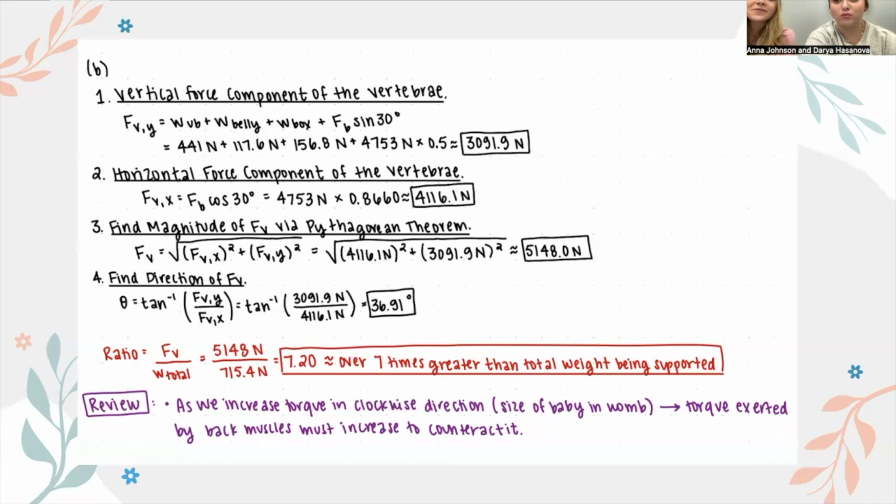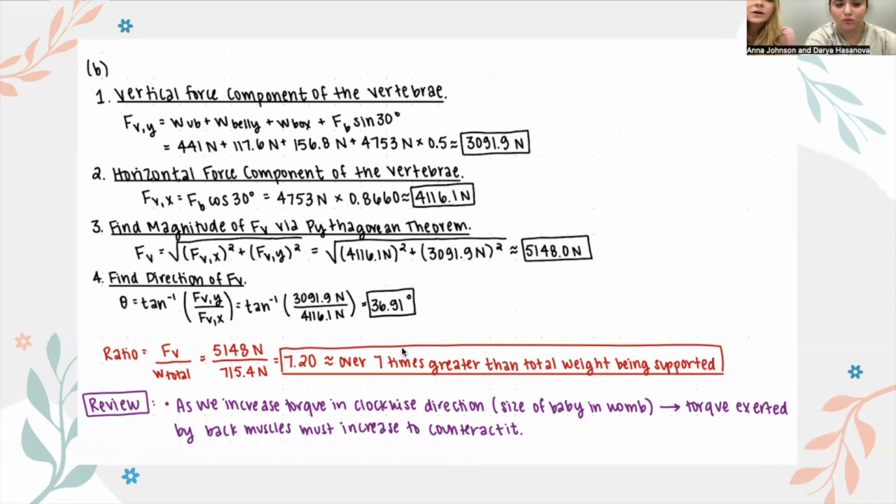So the vertical force of the vertebrae is equal to the sum of all the forces, and we yielded 3,091.9 newtons. Similarly, we found the horizontal force component of the vertebrae, and we yielded 4,116.1 newtons. We found the magnitude of the force of the vertebrae via the Pythagorean theorem, and we got a force of the vertebrae of 5,148 newtons.